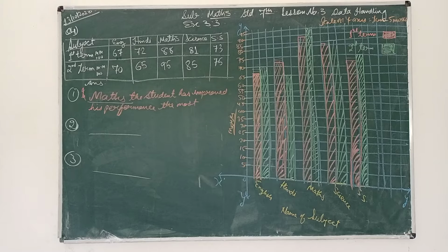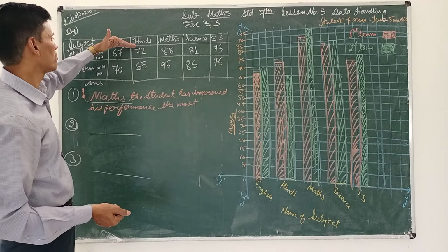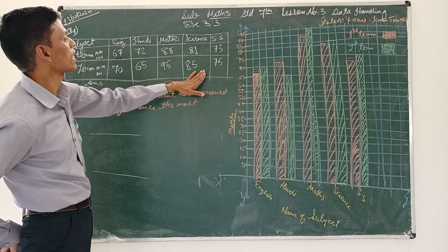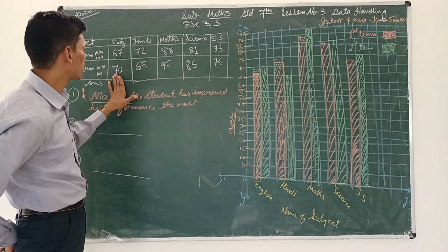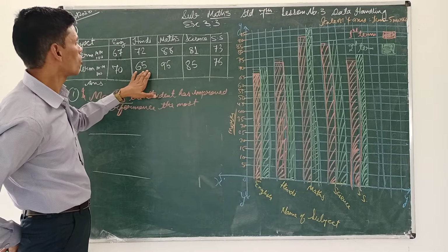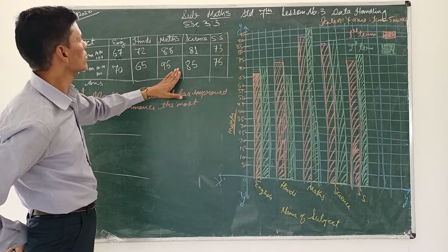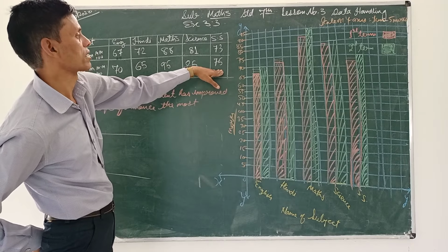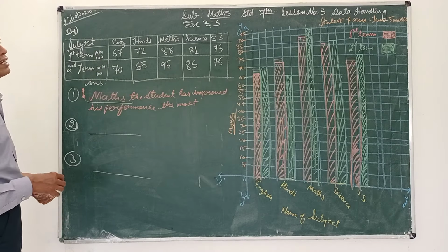In which subject? Look here, improvement the least. Comparison to the first term and second term: in English, maths, science, and SS, he has improved. In English, he has improved 3 marks. Here he has not improved. In maths, here he has improved 7 marks. Here he has improved 4 marks, and he has improved here 2 marks. So he has improved least in SS.